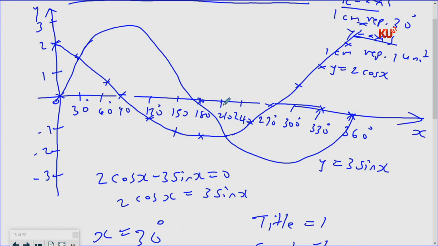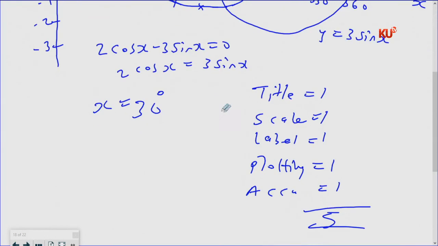It's very close to 210 and this is 240, so it could be 220 there. That is my approximation, 220 degrees. So these are my 2 values that will give me 2 marks, 1 mark for that particular value and another mark for that particular value.